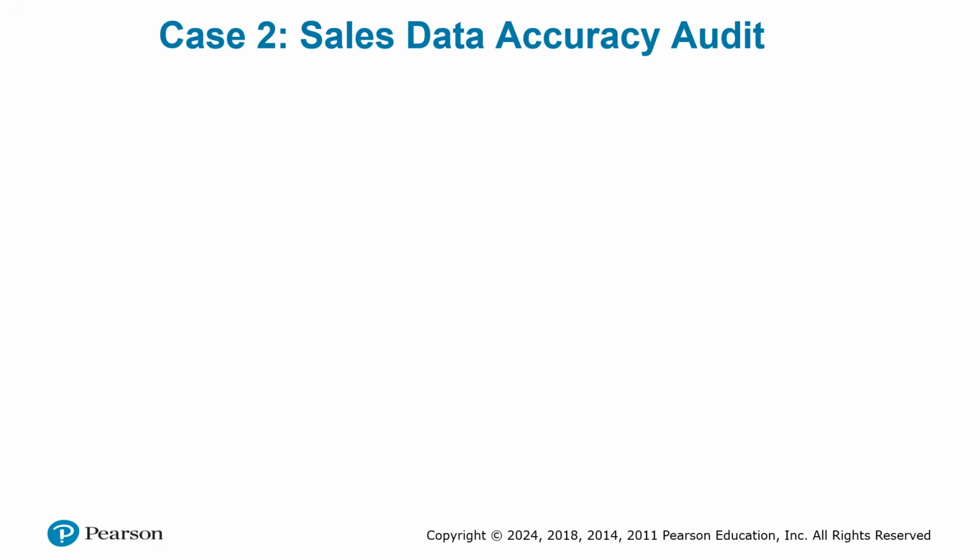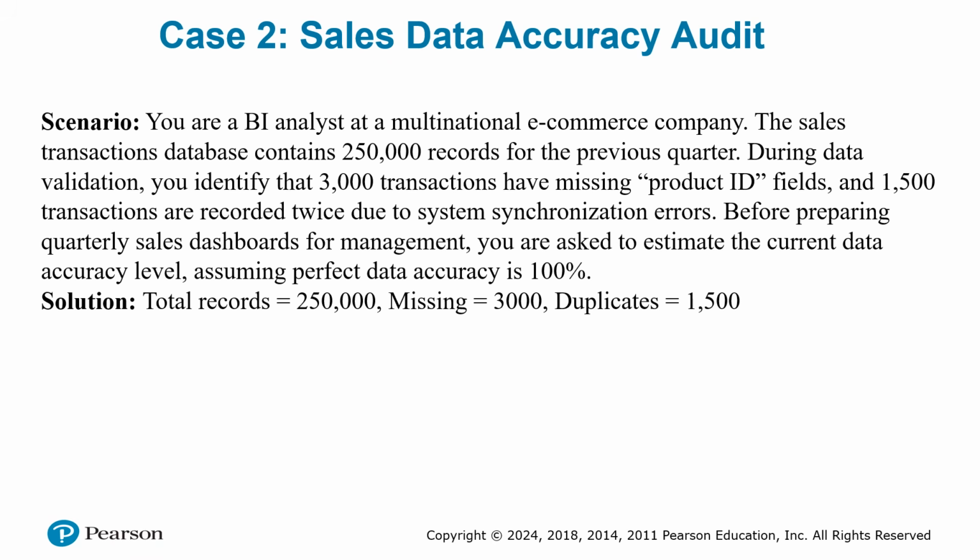So now, this is the easiest way to understand. For example, you are a business intelligence analyst at a multinational e-commerce company. The sales transactions database contains 250,000 records for the previous quarter.